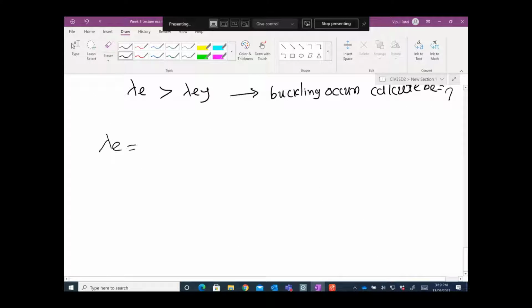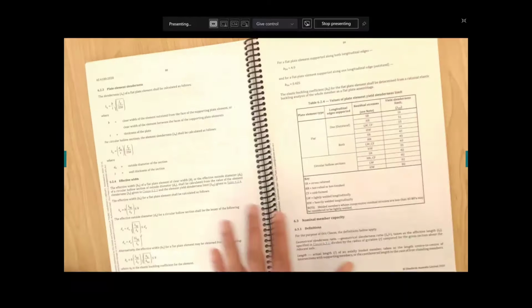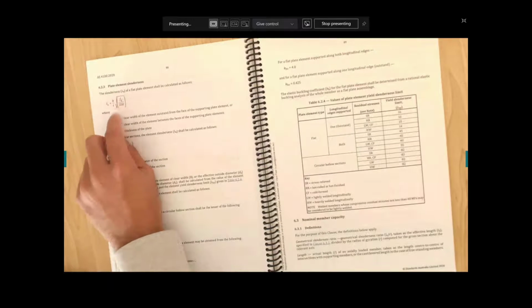So let's do it one by one. Let's calculate lambda E first, which is B on T times the square root of Fy on 250. Again, let me write the clause 6.2.3, and let me show it to you in the standards as well. These equations can be used for the flange, and this equation can also be used for the web.